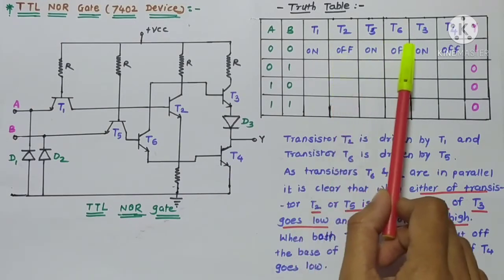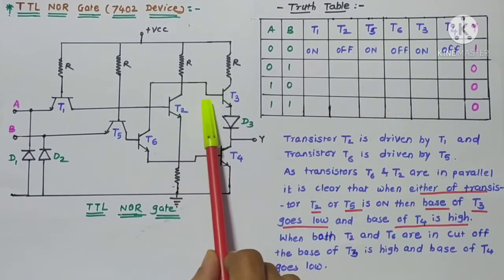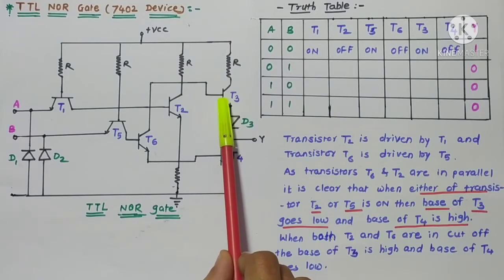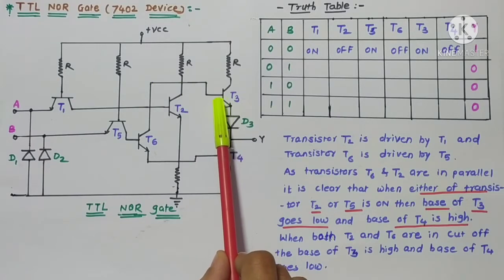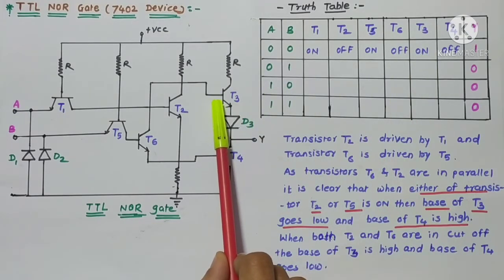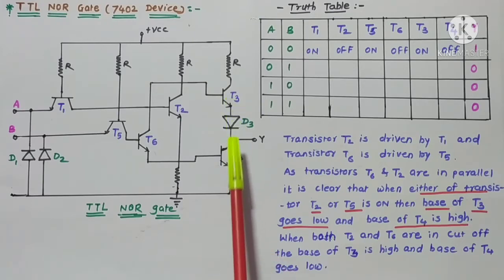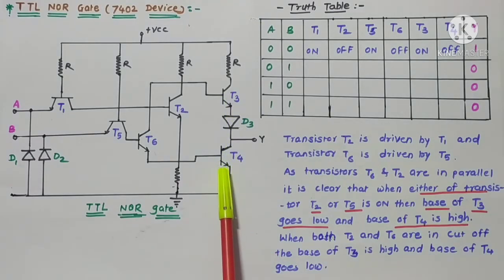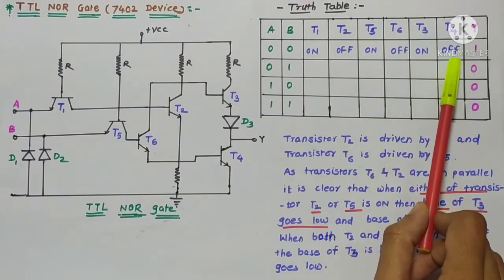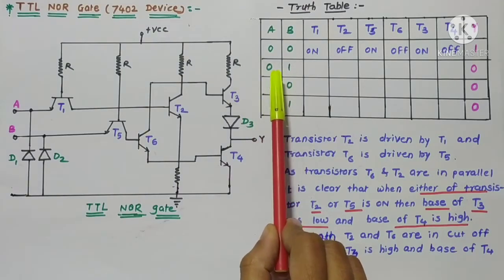As T2 and T6 are in cutoff, the base of transistor T3 is at high or positive VCC. Therefore, this transistor switches on, and at the same time transistor T4 is in cutoff. Thus, we get output Y equal to 1 for this first case. Is that clear students?